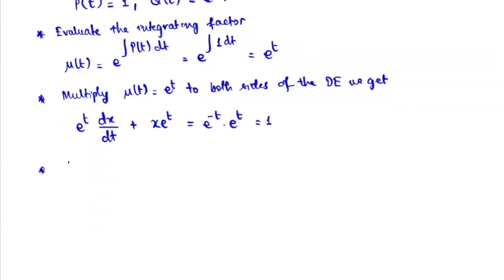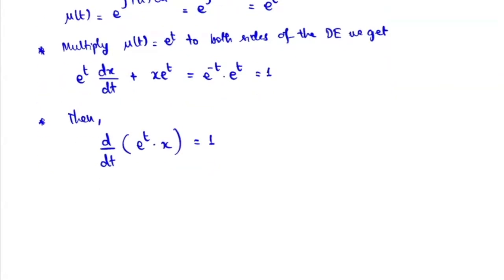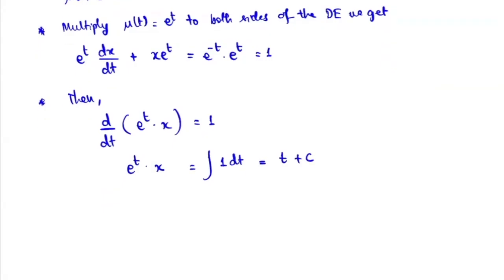Then the left-hand side can be written as the derivative of a product. So d/dt of the integrating factor, e to the t, times the dependent variable x, equal to 1. At this step, you integrate both sides of this equation with respect to t. You get e to the t times x equal to the integral of 1 dt, or t plus c.